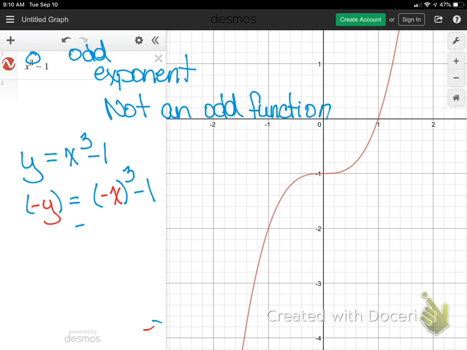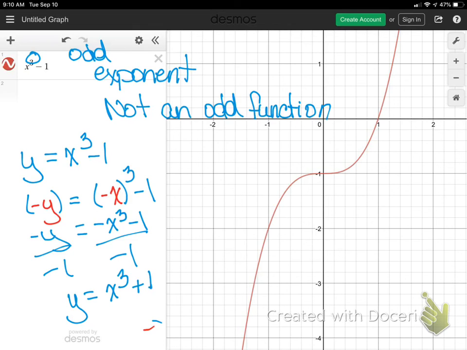Negative x to the third, it stays negative. When I divide this all by negative 1, I end up with y equals x to the third plus 1. Is that the same thing I started with? No. So this is not an odd function.